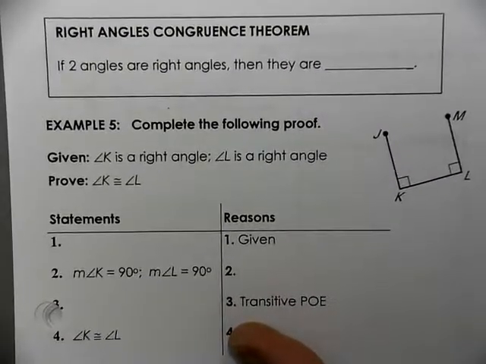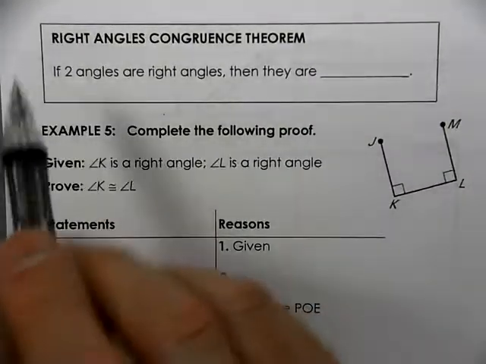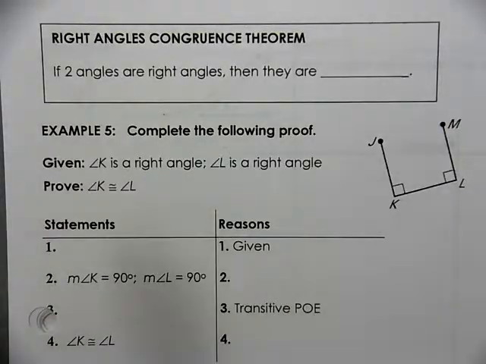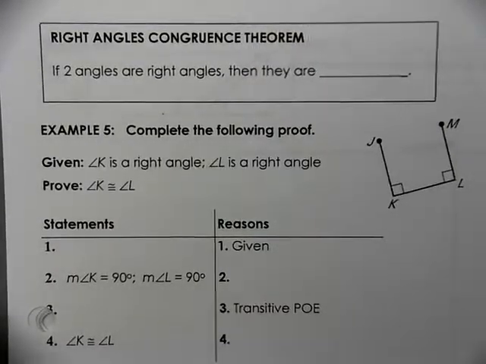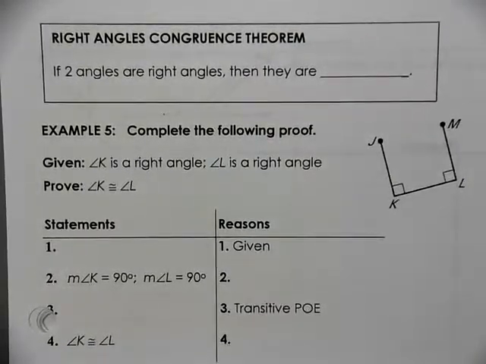Okay, the last one we'll talk about today is our right angle congruence theorem. Remember, a theorem is a statement that we can prove. So we're going to do a proof to show where this theorem can exist. Theorems make future proofs easier.